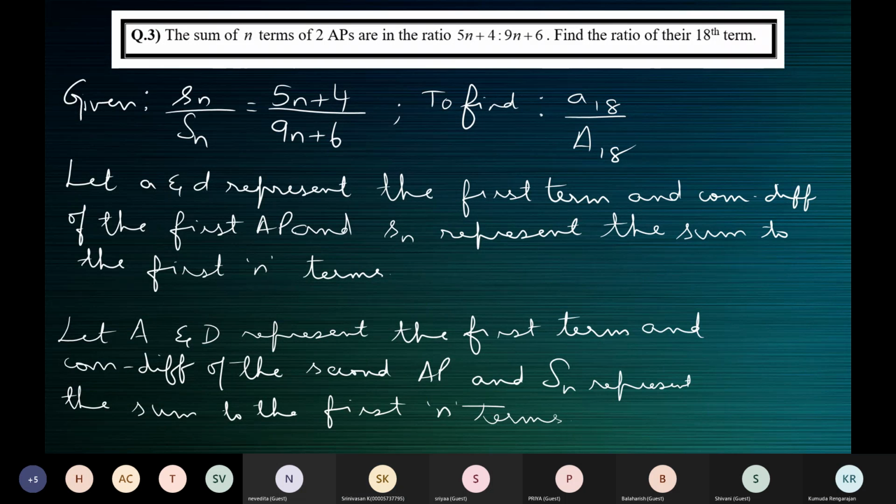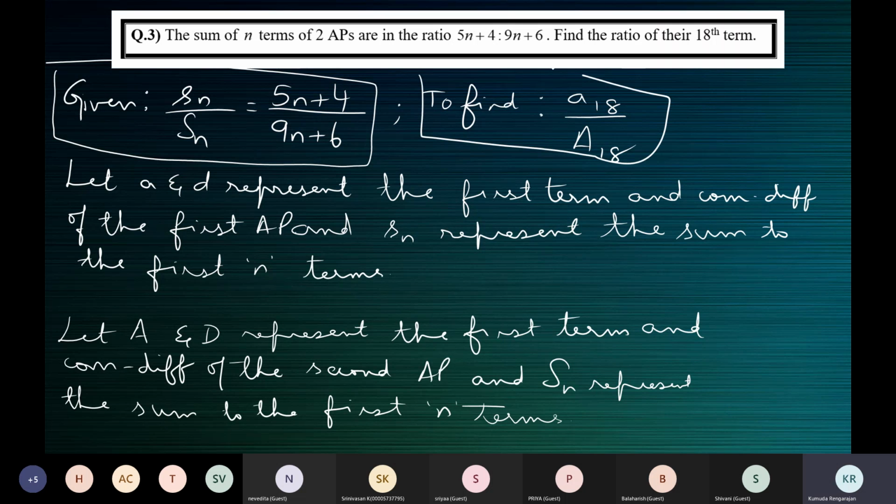Completed. Maybe if we write given and to find after this, it will make more sense. We'll write the two let statements first, and then we'll write given and to find, because we have described what A and D are, S n and all those.